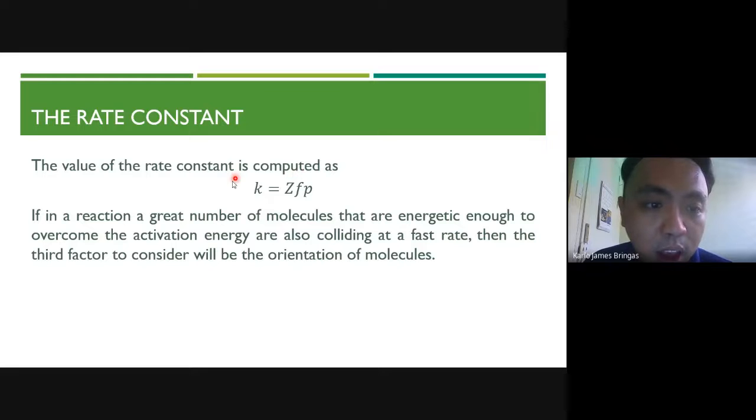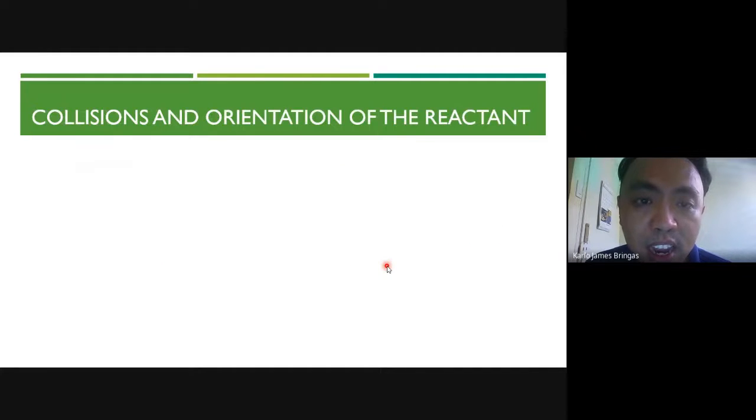So assuming that our reaction has a lot of molecules energetic enough to overcome the activation energy, and they are all colliding in great numbers, then the third factor is the orientation ng molecules natin. This is a very quick review lang ng kanina.